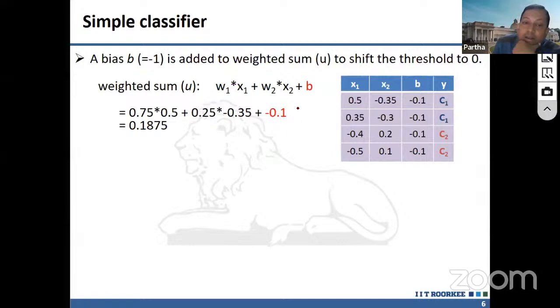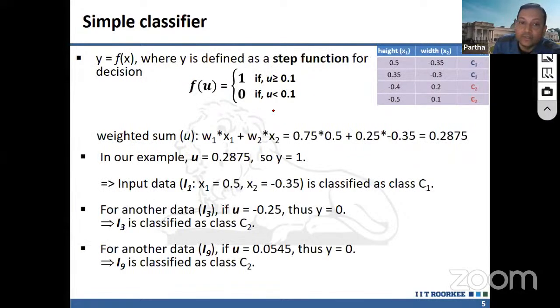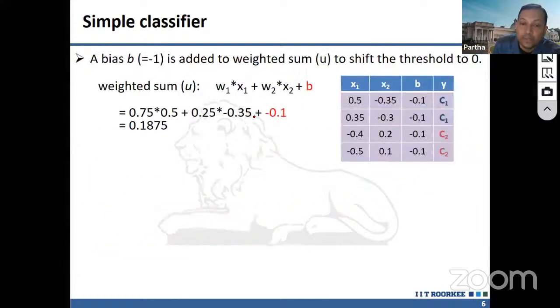Now I reduce that value, minus 0.1, from the sum and check whether the total sum is greater than or equal to 0. To shift the total value, the threshold becomes 0. So if the total sum is greater than or equal to 0, it is of one category, otherwise it is the second category.